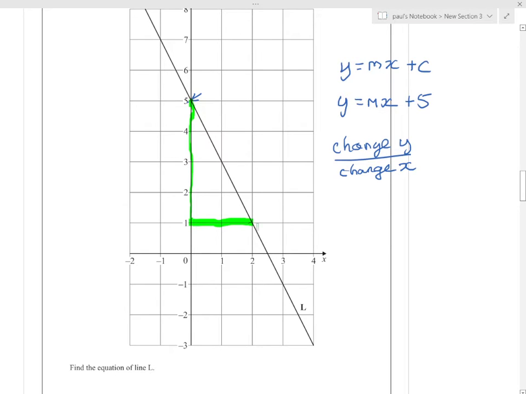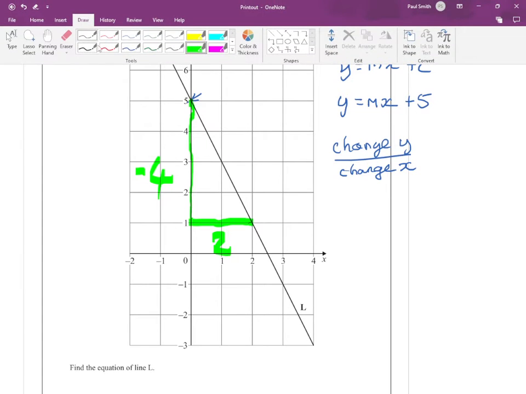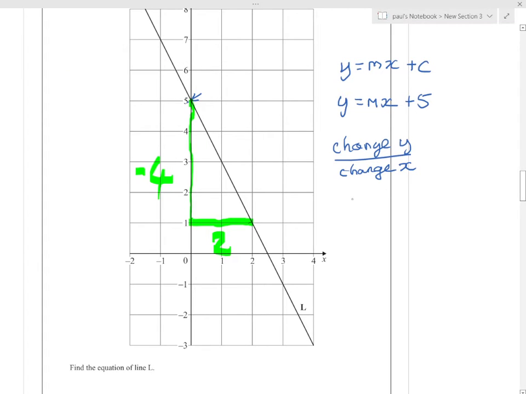This number here is the change in x, which is 2. This number here, 1, 2, 3, 4. So this is minus 4 because it's going downhill. So the change in y is minus 4 divided by 2, which equals minus 2. So therefore we have y equals minus 2x plus 5.